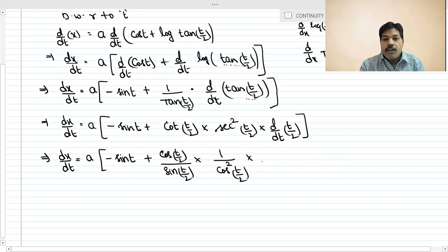Derivative of t is 1, so automatically it becomes 1 by 2 into 1. So what happens here?